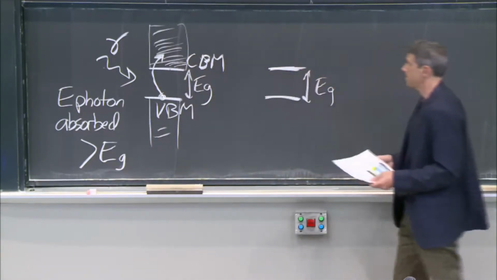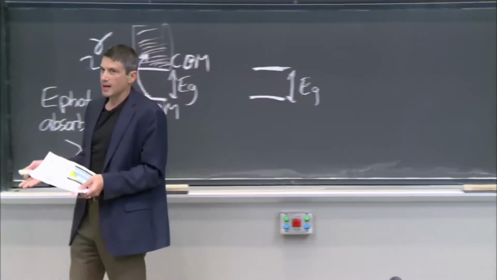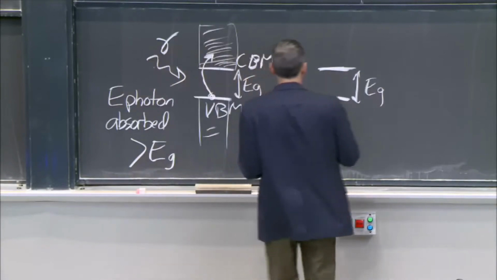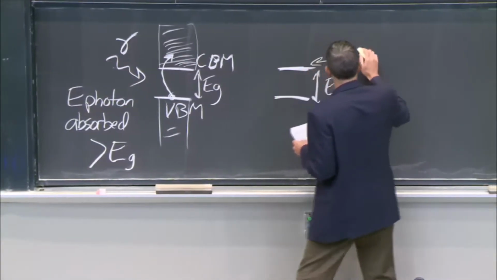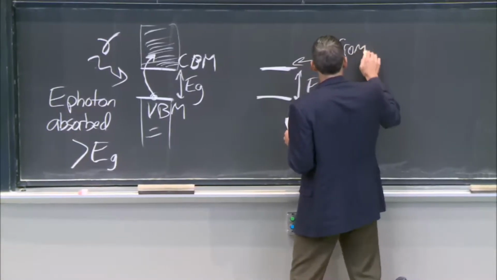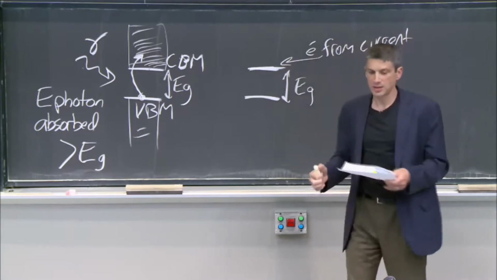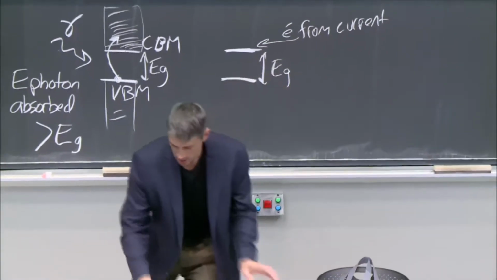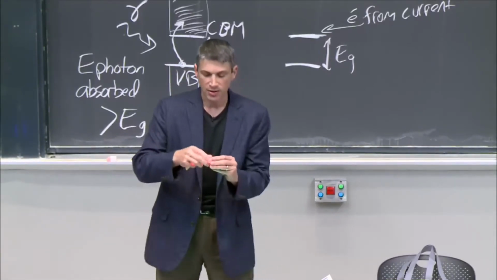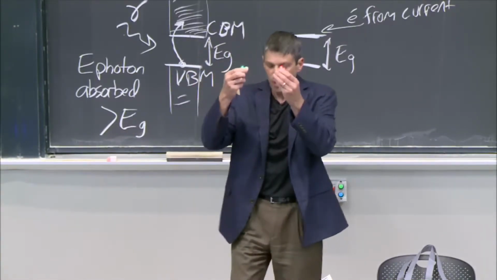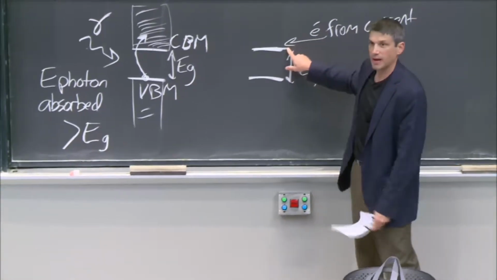Now, by the same token, I can take this same semiconductor and run it the other way. I can put a current on it and feed electrons. Electrons from current. So I can attach it to a battery, and there you go. All I'm doing is feeding electrons into its conduction band.